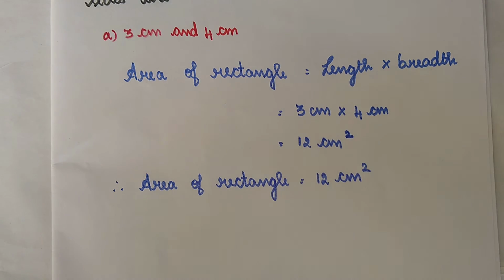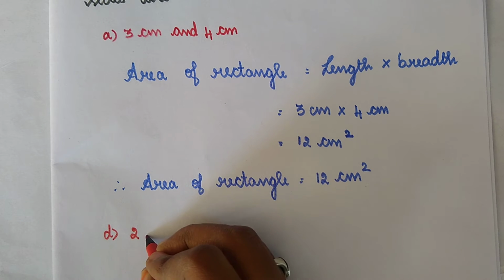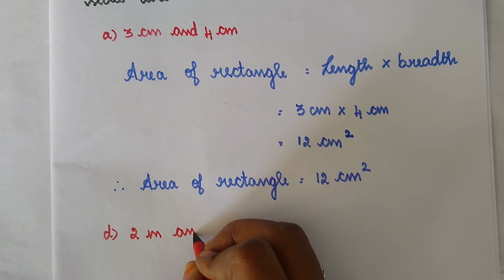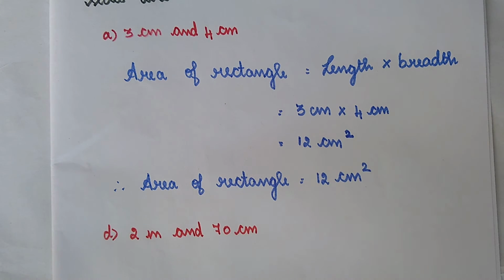Next we have to take the next subdivision: 2 meter and 70 centimeter. Now see this sum. You have to compare these two units. Here the units are different, not the same. So we have to convert centimeter into meter.